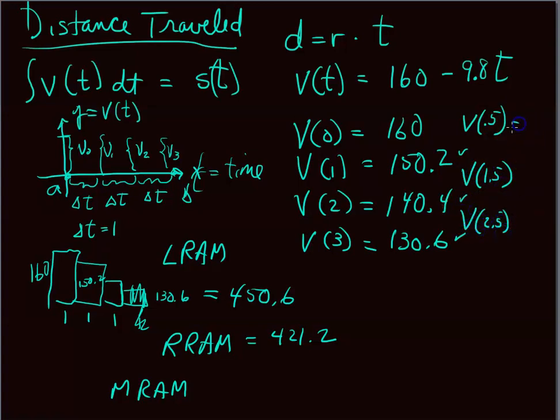And if you put that in, you get 155.1, 145.3, and 135.5. If you add those up, you get, for the MRAM, 435.9.